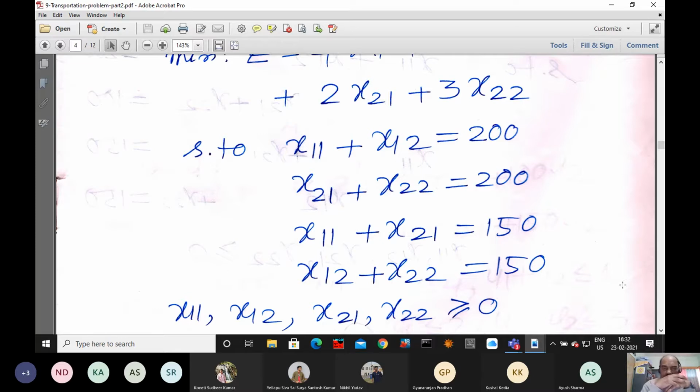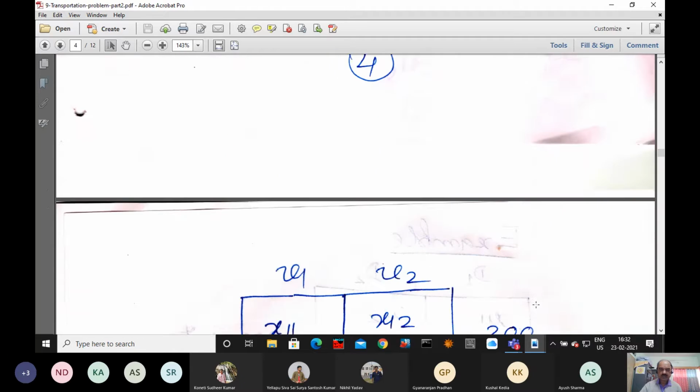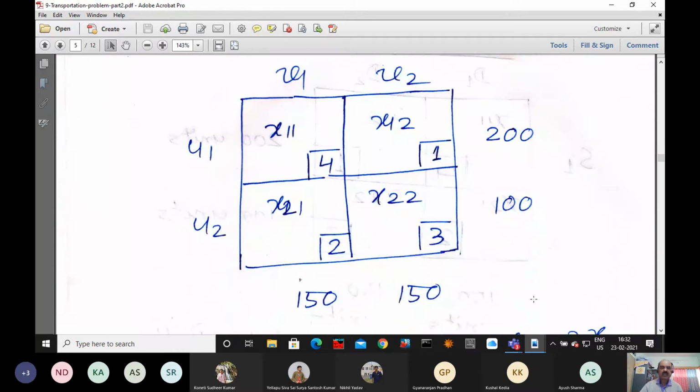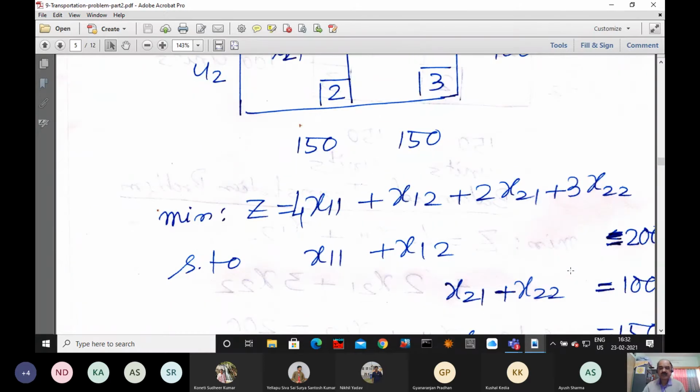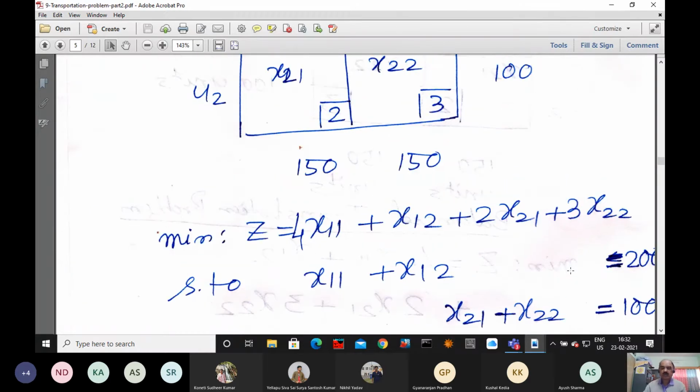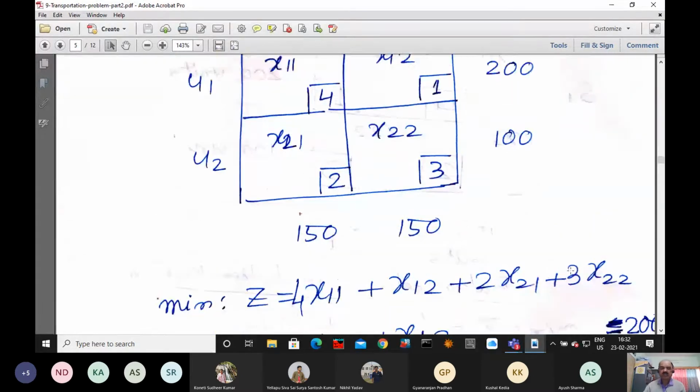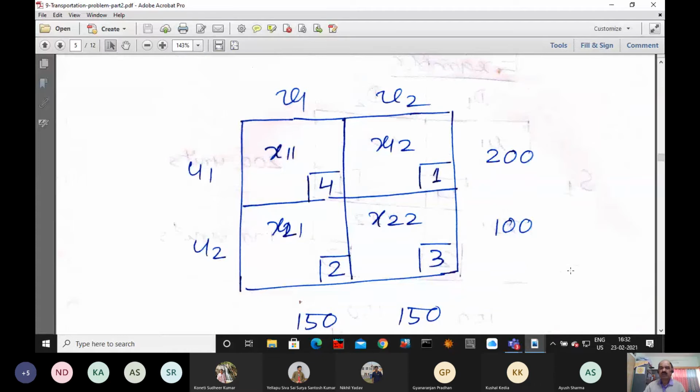See what we should do. How to find a solution to this system. Okay. We are going to write the dual of this problem, and we'll just discuss how to find the solution.